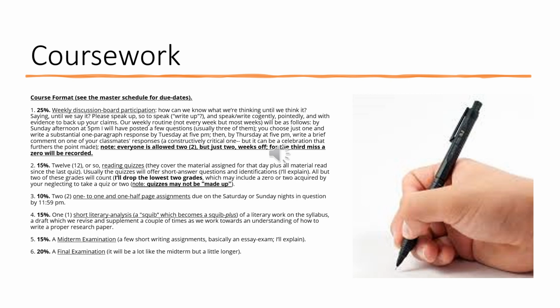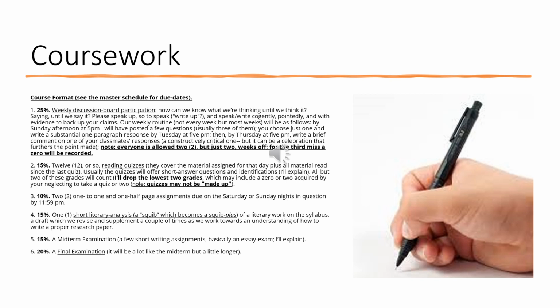I want to call your attention to the weekly routine, which dropped down about 3 lines. Our weekly routine, most weeks, not every week, will be as follows. By Sunday afternoon at 5 p.m., I'll have posted a few questions, usually 3 of them, and I will begin posting these typically Friday afternoon at noon. For any early birds who want to get busy, you get the reading done, because you have to get the reading done before you can actually do these discussion boards.